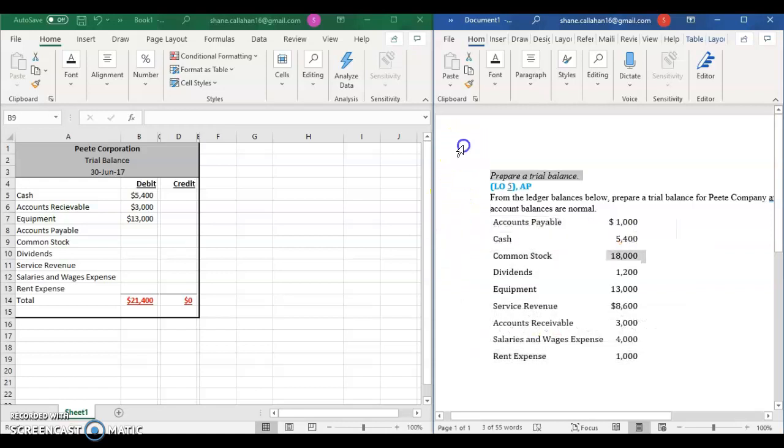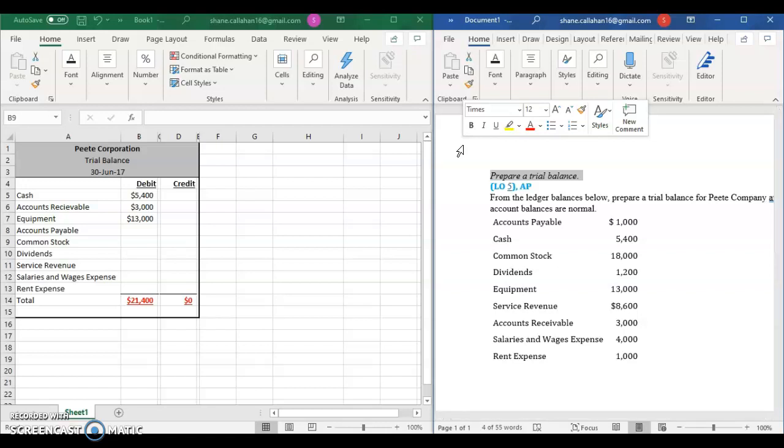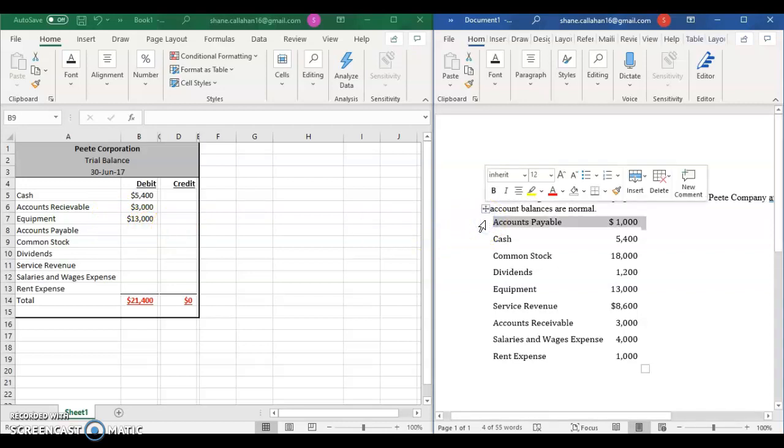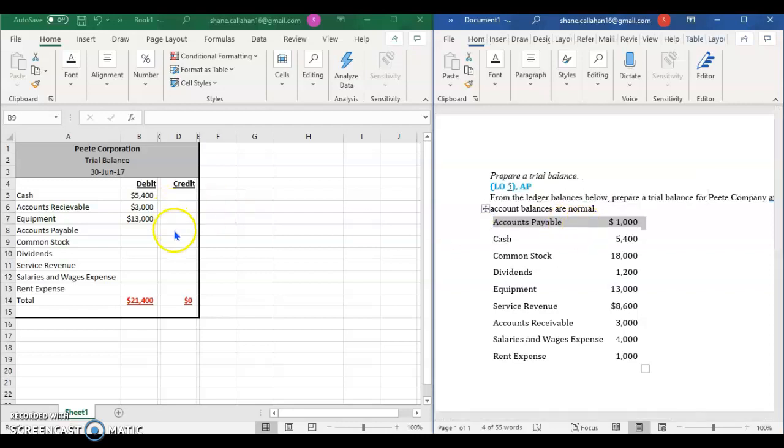The next section of the trial balance is the liabilities. If we look, the only liability is accounts payable. That's the only liability we have, and that's $1,000.